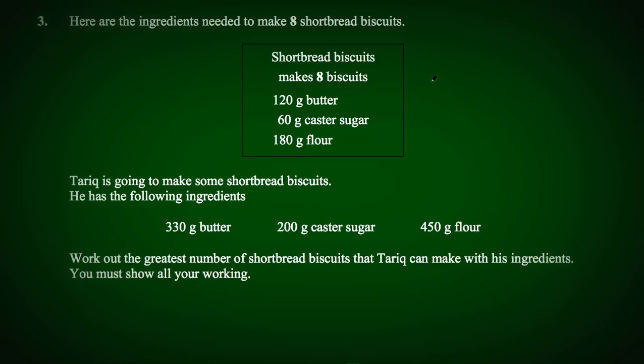I'm just going to check if I times 3, that gives me 360 grams of butter. 60 times 3 is 180 grams of sugar, and 180 times 3 is 180 plus 180 plus 180, 540.